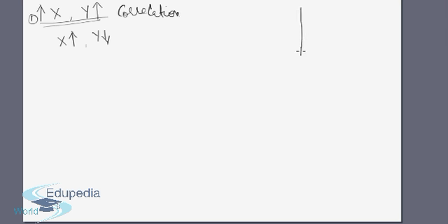Let's say we have two variables, say x and y, and if we are studying the correlation between x and y, let me plot the values of x and the relative value of y here. Say a value of x and a value of y.